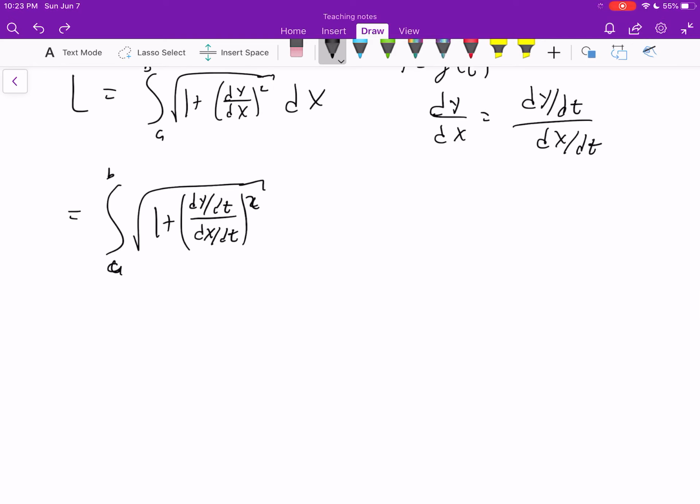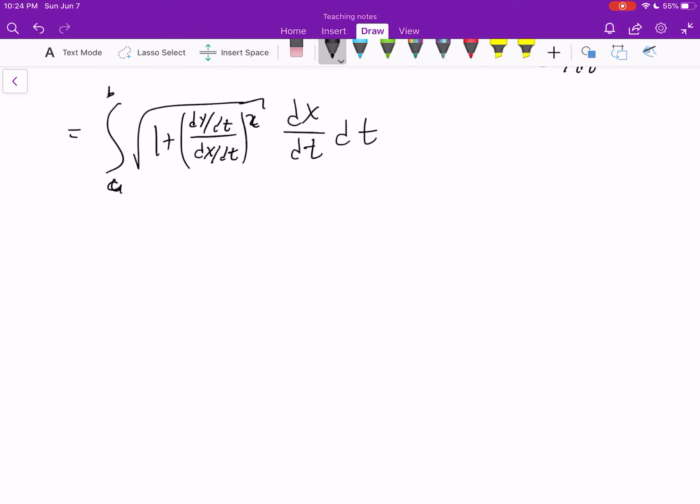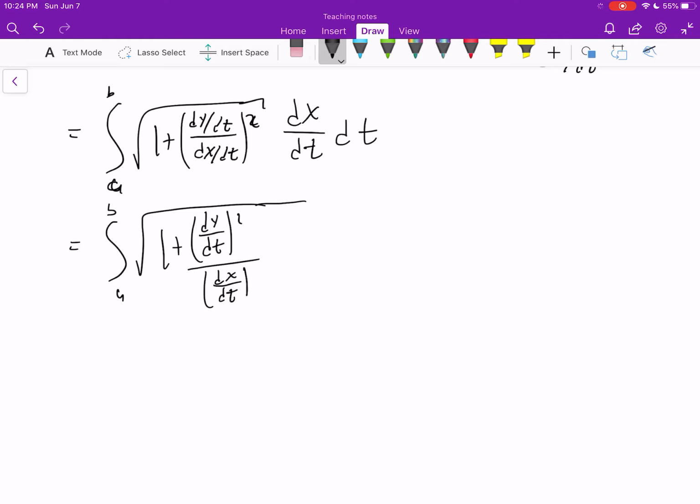So now, instead of dx here, I'm going to have dx dt dt, and a good mnemonic is, as fractions, the dt's would cancel and you'd be left with a dx. So I'm going to write this as the integral from a to b, square root of 1 plus dy dt squared divided by dx dt squared.